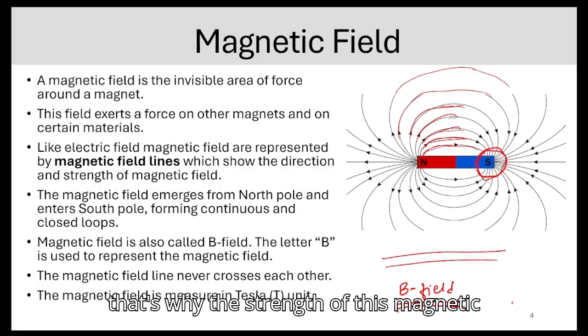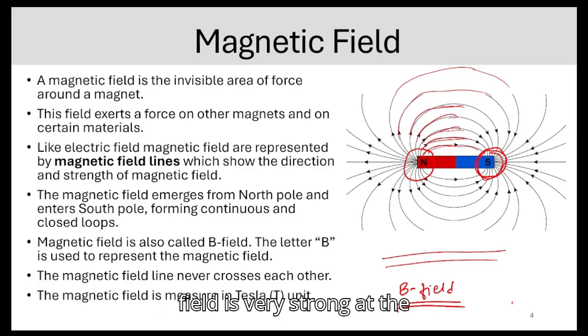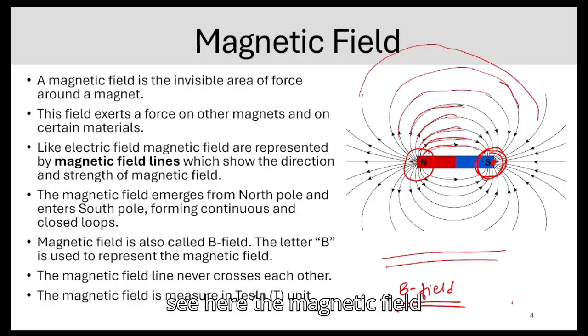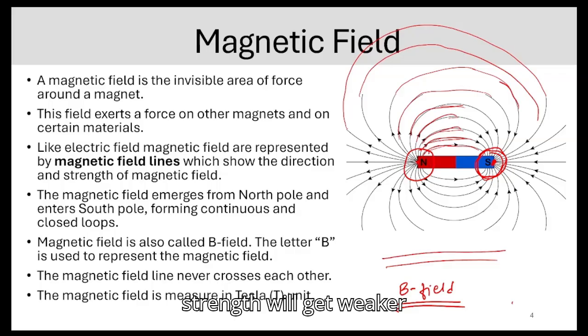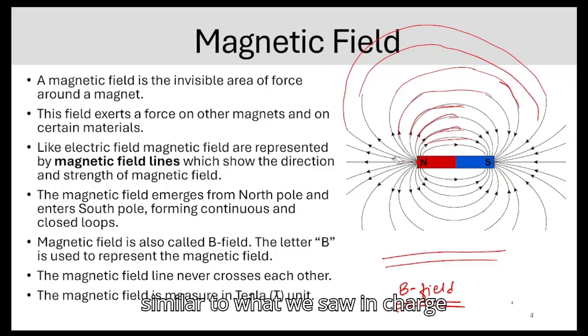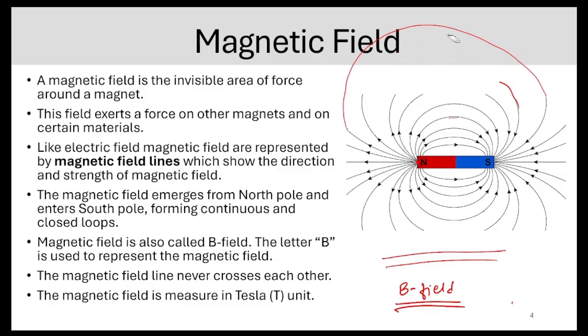That's why the strength of this magnetic field is very strong at the poles, because the strength of magnetic field is strongest when all these magnetic field lines are closest to each other, and as they get spread out, we can see here the magnetic field strength will get weaker, similar to what we saw in the electric field of a charge.